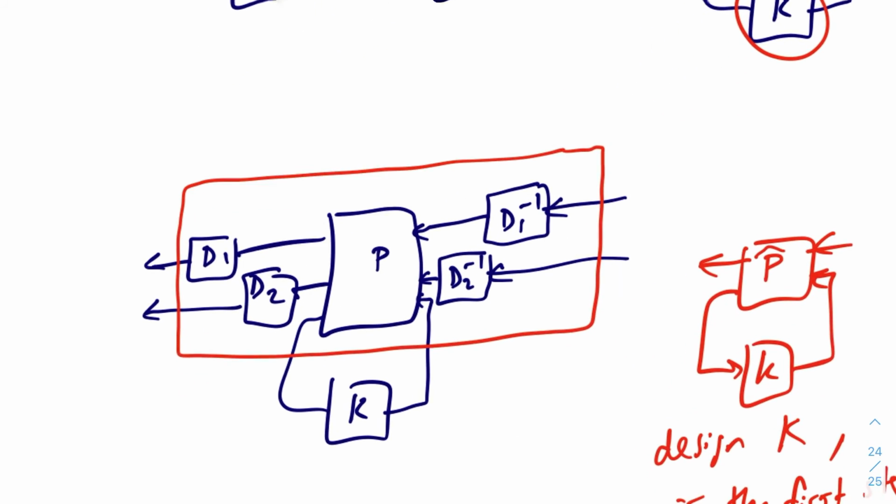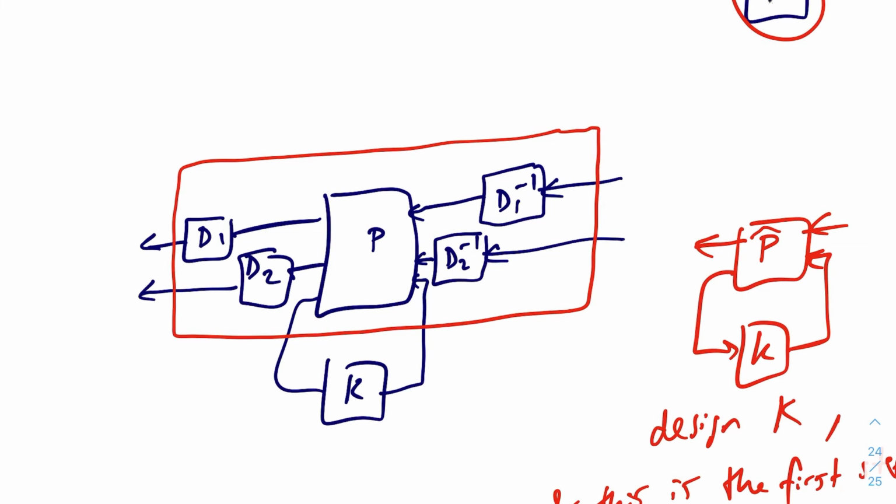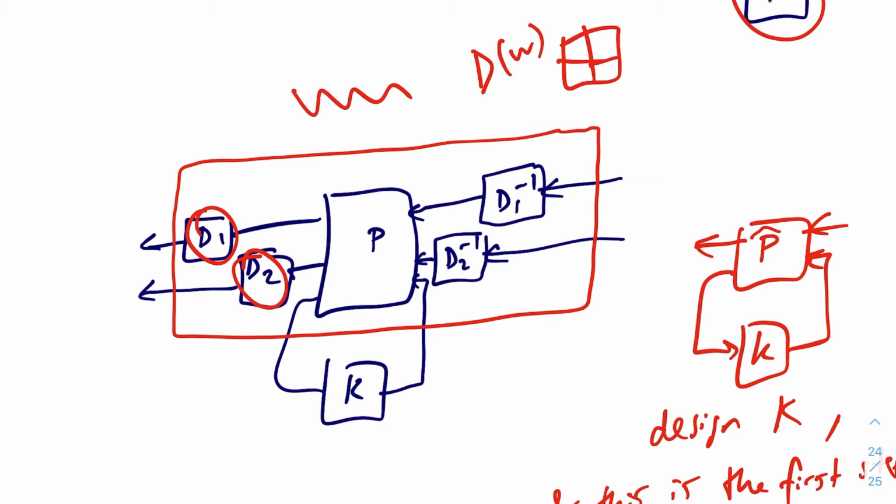Okay, we just manipulated that problem here, and now since we know what D1, D2 and their inverses are, by the way, another really important piece of information: in the D stage of the DK iteration method, we are trying to find D, but we can only find it in the omega form, right?